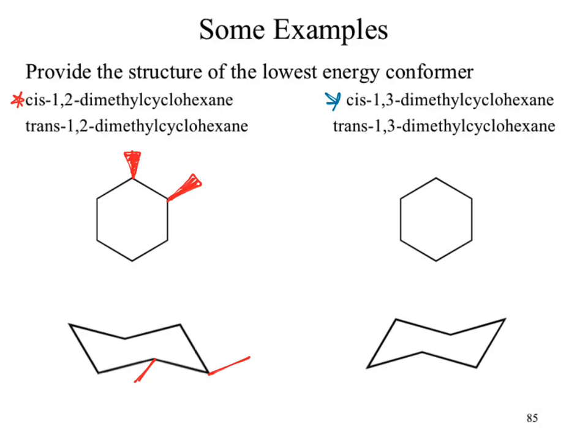Why would I be wrong? That one's pointing up. This one's pointing down. Did I draw cis? Nope. What did I draw? Trans. I was asked for cis. I drew it in the wrong place. Now I have cis.